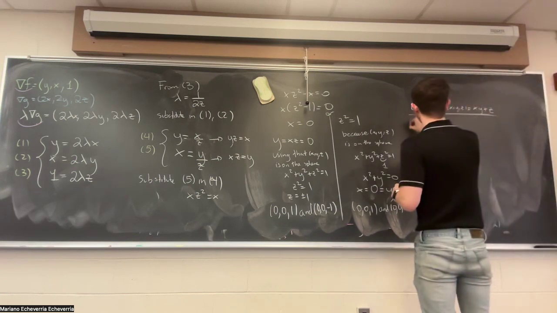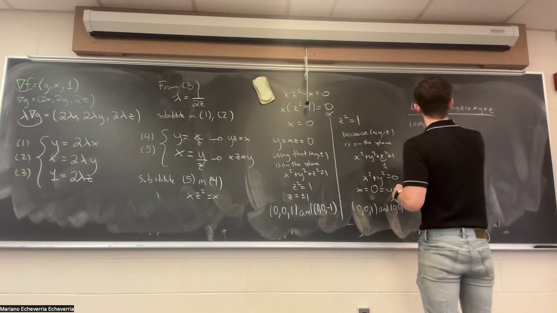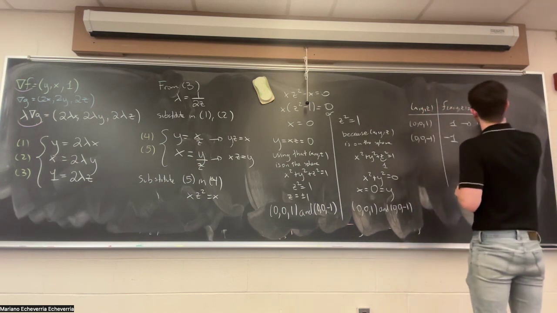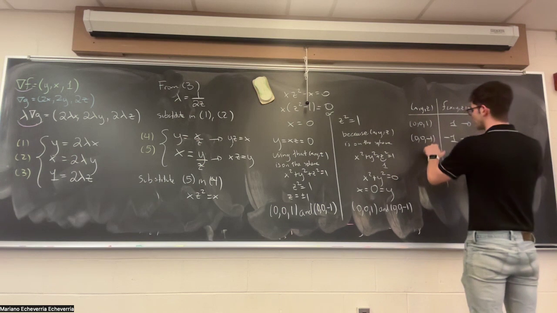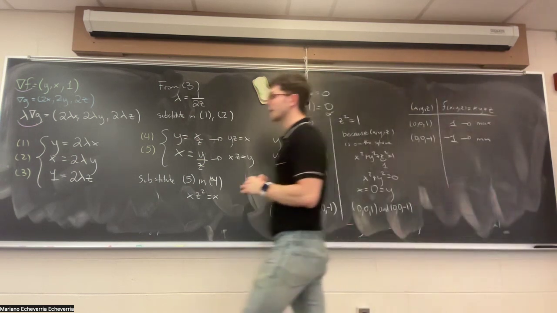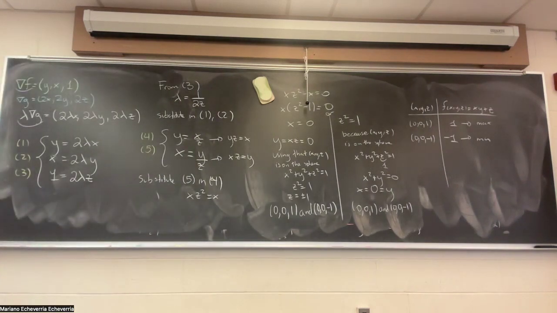If the point is 0, 0, 1, this gives you 1, and if the point had been 0, 0, -1, this will give you -1. So the North Pole in this problem is a max, and the South Pole in this problem is a min. In other more complicated problems, you would have more than 2 points.